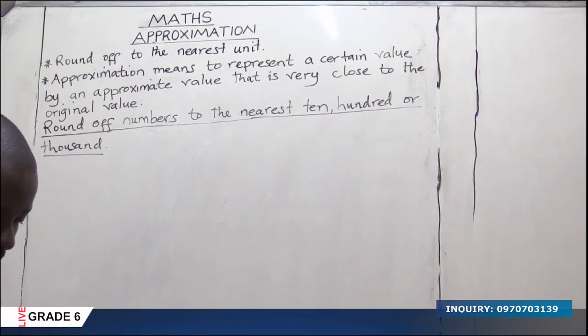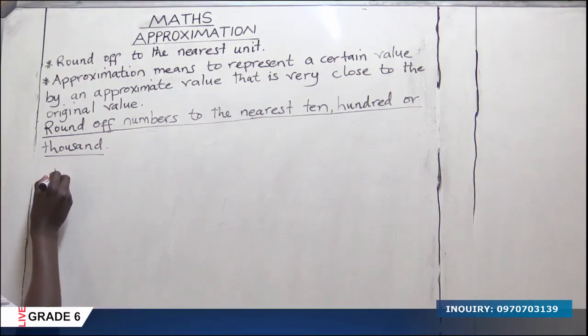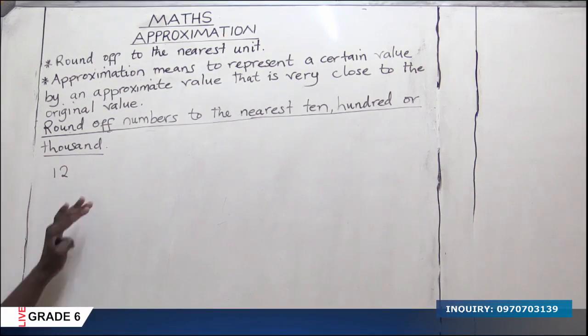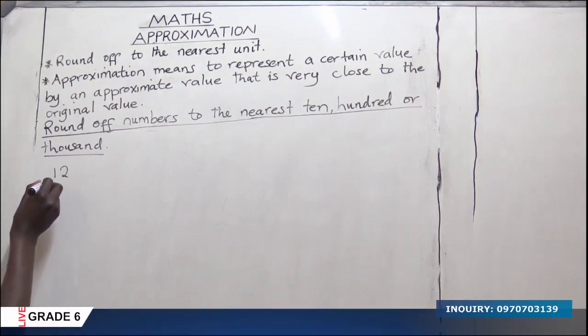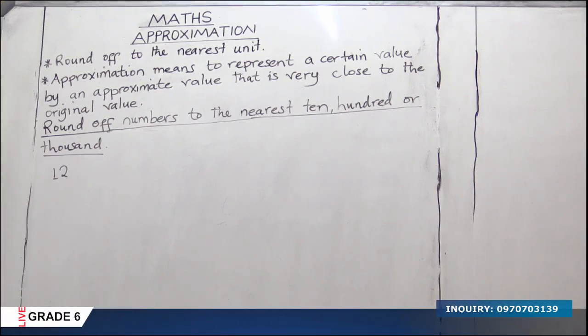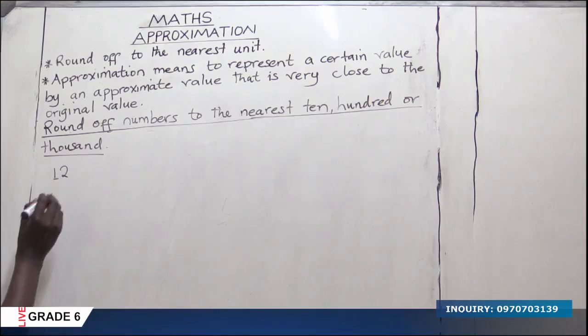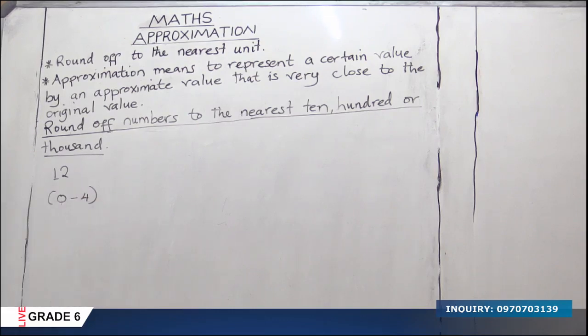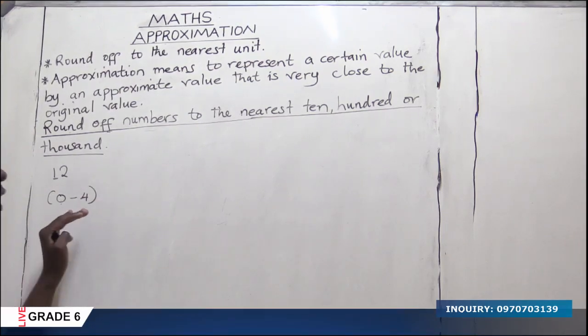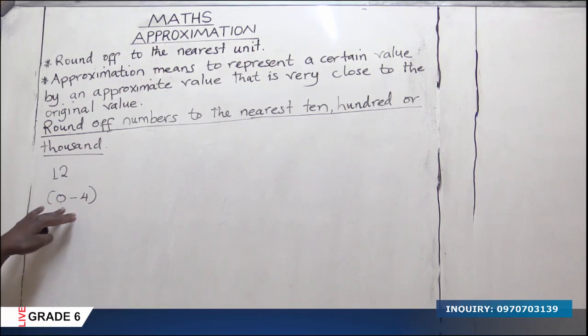For example, if I have 12, the number in the tens position in 12 is 1. So boys and girls, you must understand that for the digits from 0 to 4, you don't round up, but you round down.